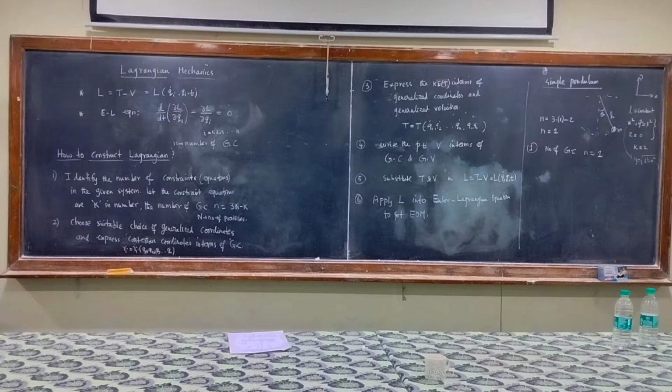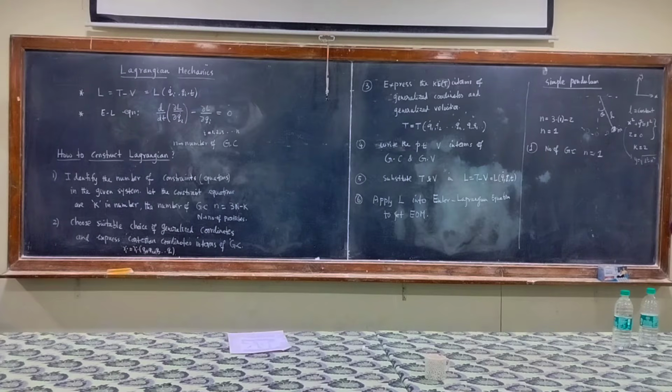And in the course of motion both x and y are changing. So instead, what can we do? If I choose plane polar coordinates, there are two coordinates, right?